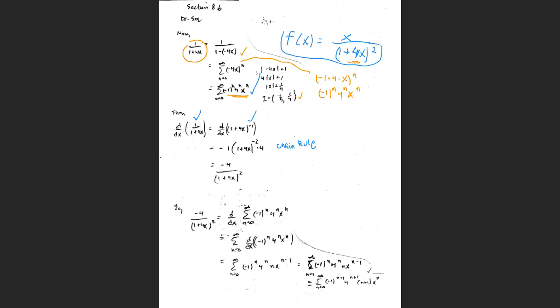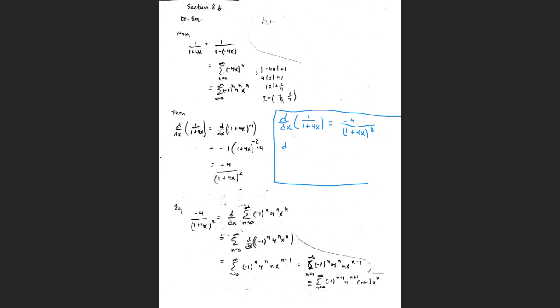So we've established that the derivative of 1 divided by 1 plus 4x is equal to negative 4 over the quantity 1 plus 4x squared.